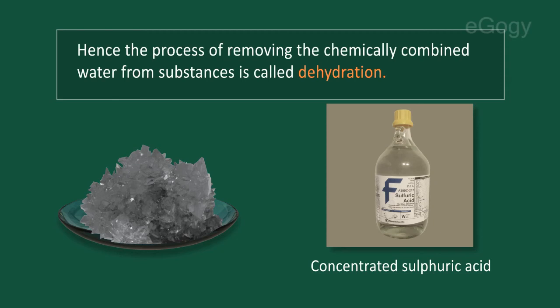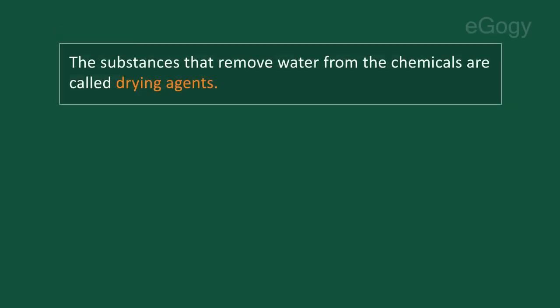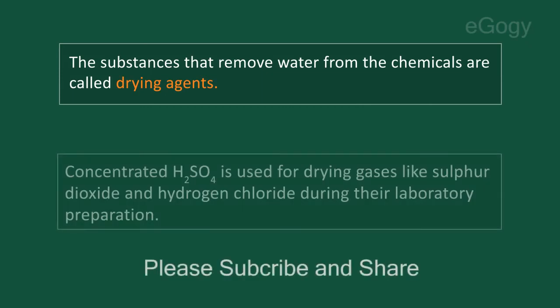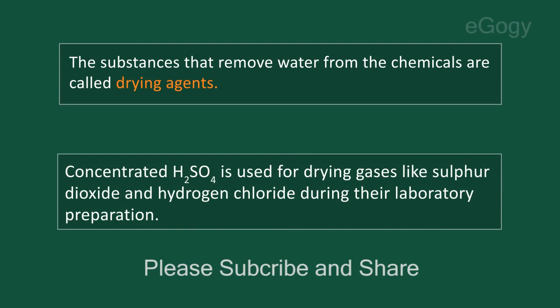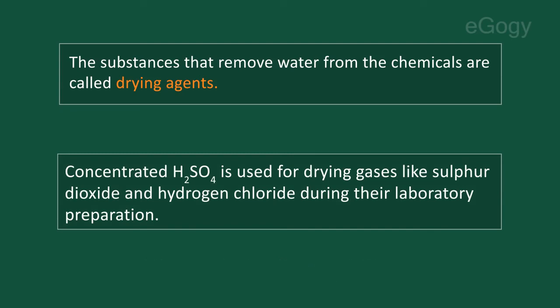Hence, the process of removing the chemically combined water from substances is called dehydration. The substances that remove water from chemicals are called drying agents. Concentrated sulfuric acid is used for drying gases like sulfur dioxide and hydrogen chloride during their laboratory preparation.